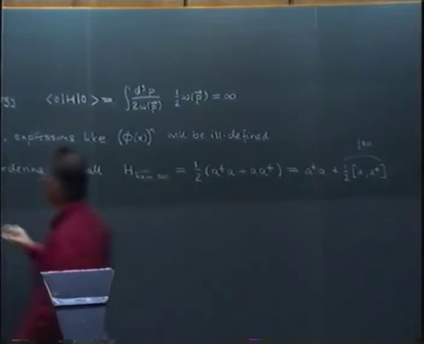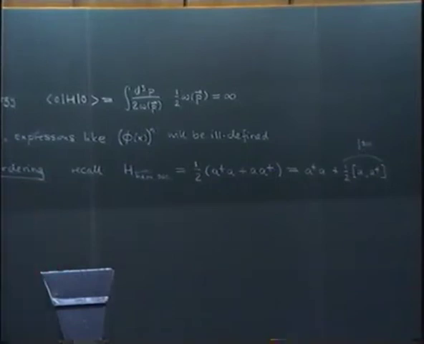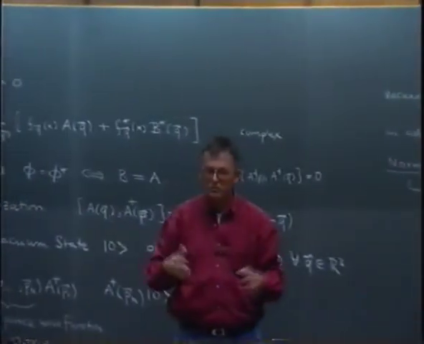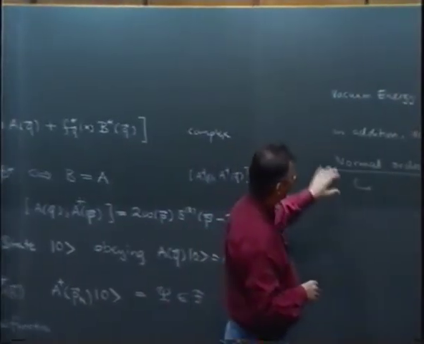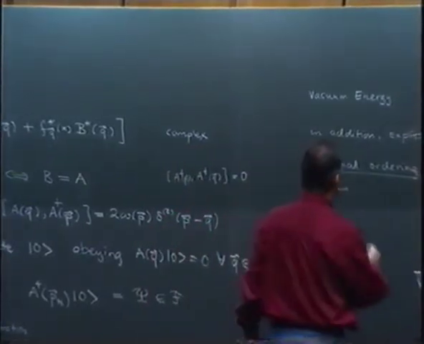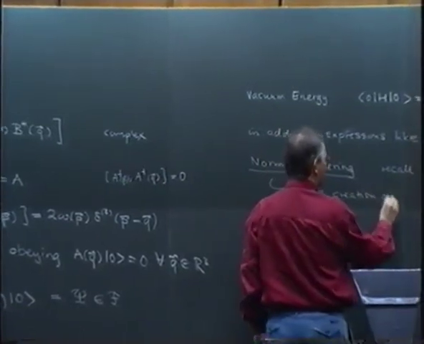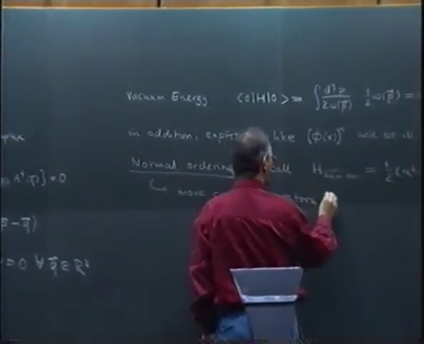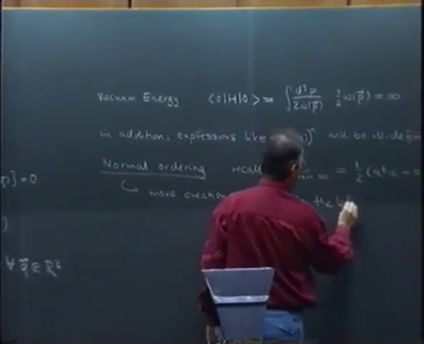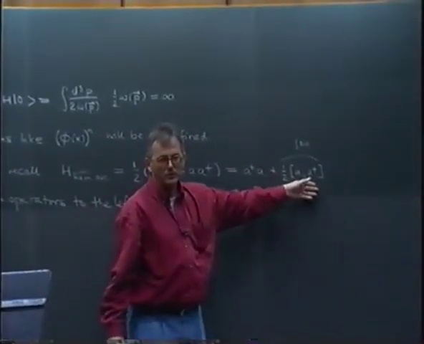So the normal ordering prescription tells you that in any given expression like this one, you expand it out, you have the creation and annihilation operators appearing all over the place, and you go over to the normal ordered expression by moving all the creation operators to the left. So this gets us rid of the divergence that comes from here.